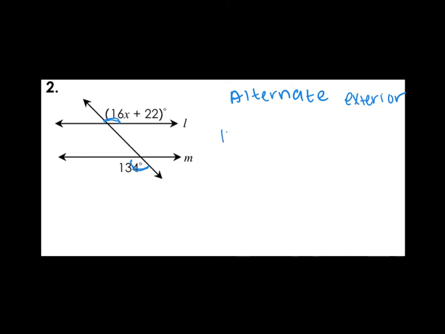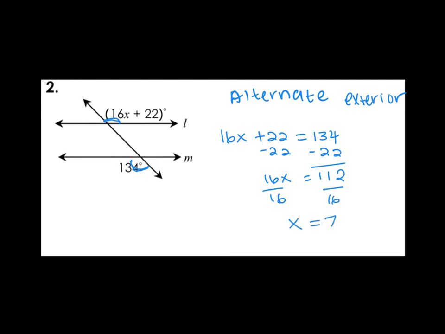So I'm going to say 16x plus 22 equals 134. And I subtract 22 from both sides. So that's going to give us 16x equals 112. And then I divide by 16, and we get that x is equal to 7.